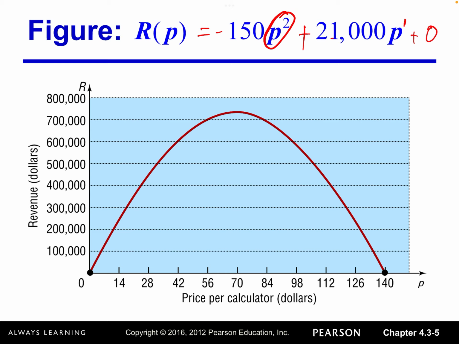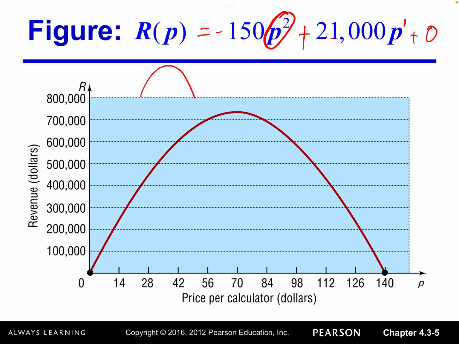If we graph this quadratic function using a graphing calculator, you can see there's a parabola. So the graph of a quadratic function is a parabola. Let me talk a little bit about a parabola. A parabola is U-shaped.